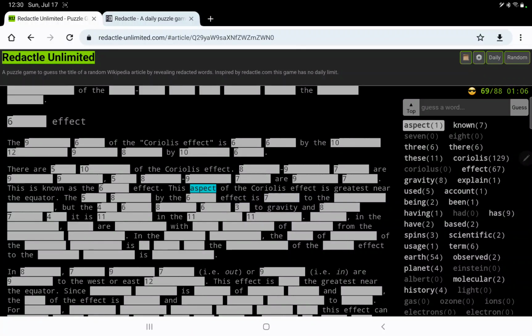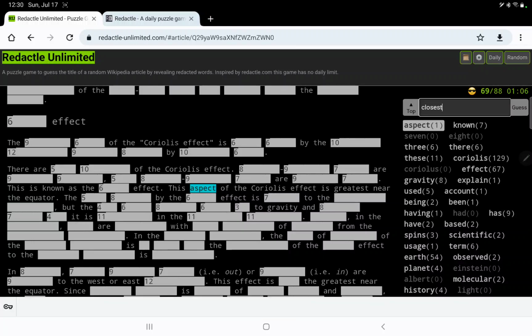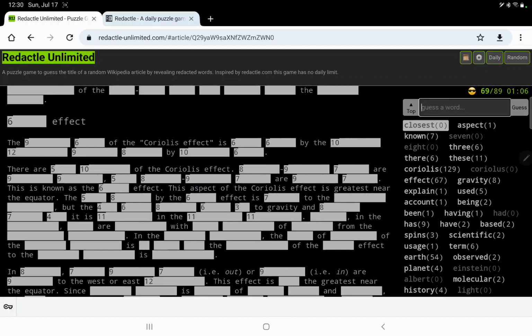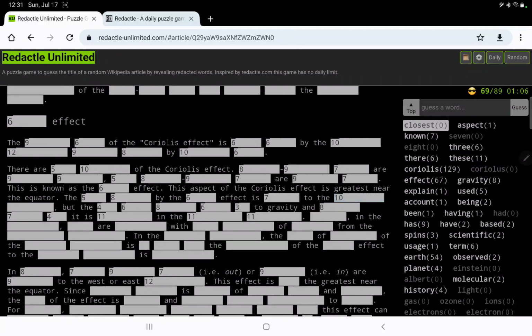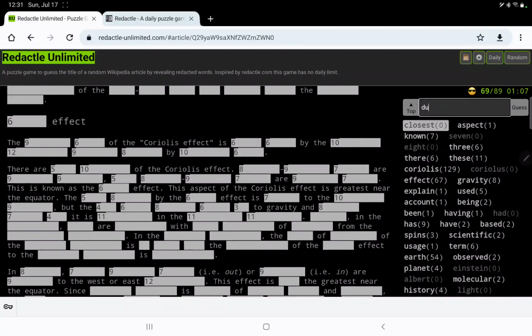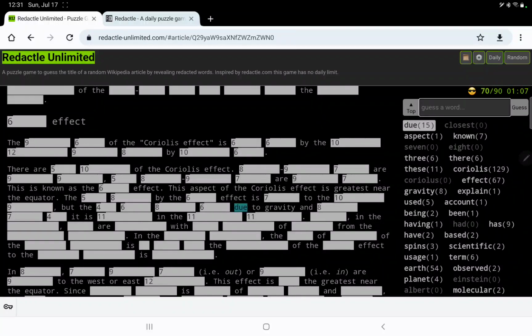The something something by the something effect is closest. No, is something to the 10, 9. But the something, what's the 3-letter word? Oh, due to. Yeah.